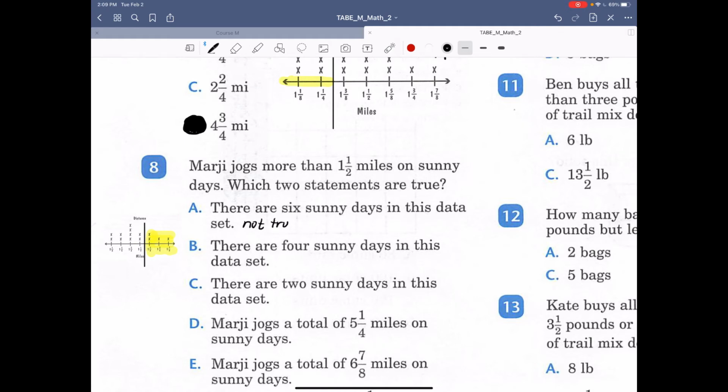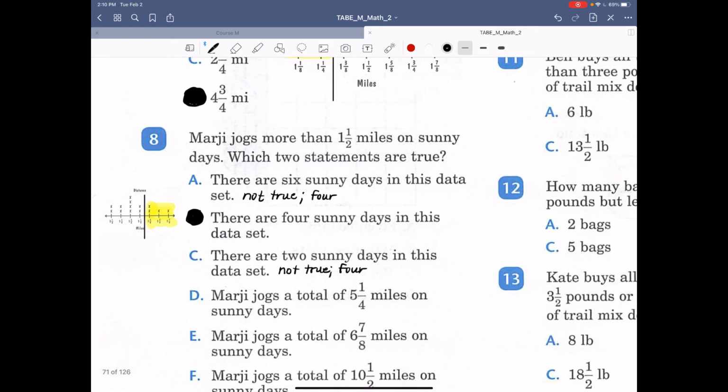There are only 4 sunny days in that data set. There are 4 sunny days in this data set. That is true. There are 2 sunny days in this data set. That is not true, because we've already said there are 4.